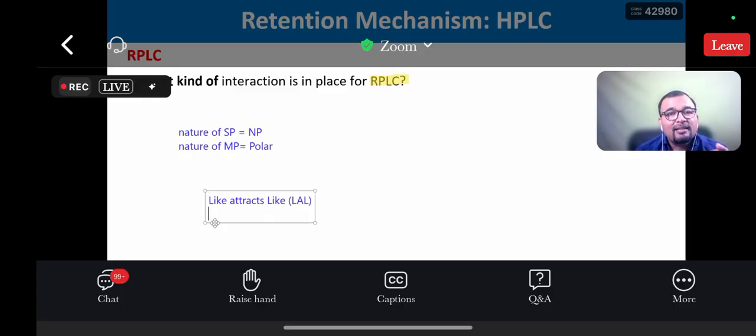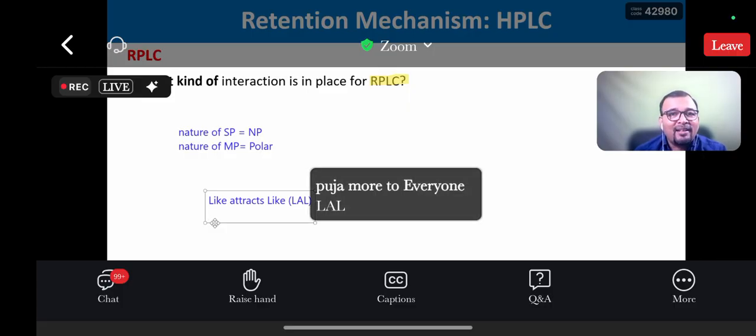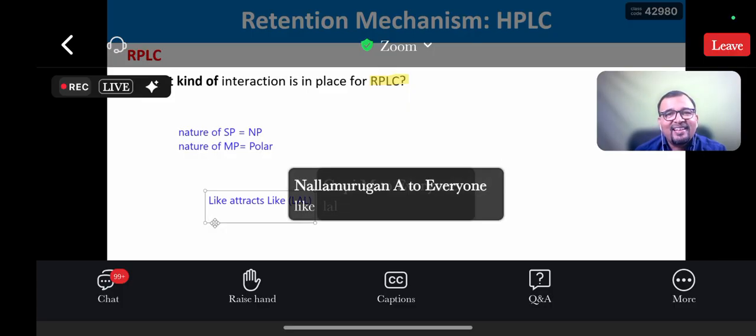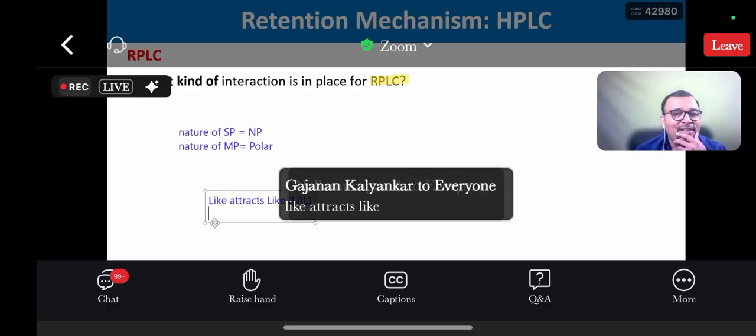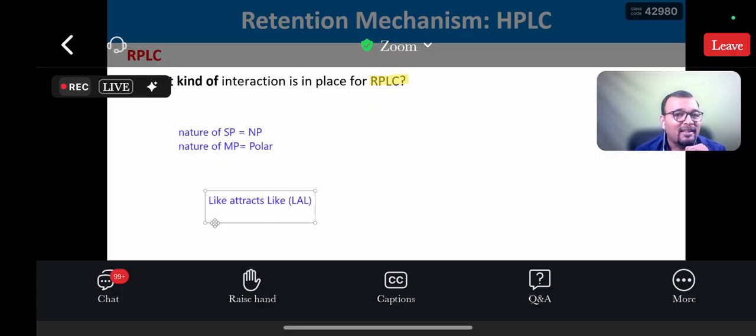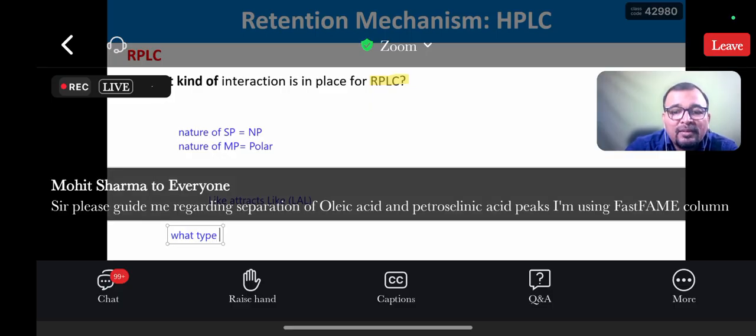Because like attracts like, this principle is also applicable to our relationships. In our retention mechanism, like attracts like also works. That means what kind of compounds in case of RPLC will have more retention time? Answer this question. What type of compound?